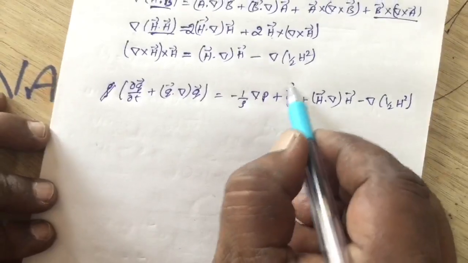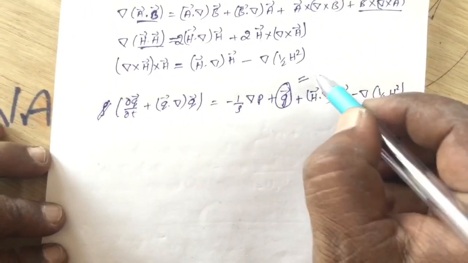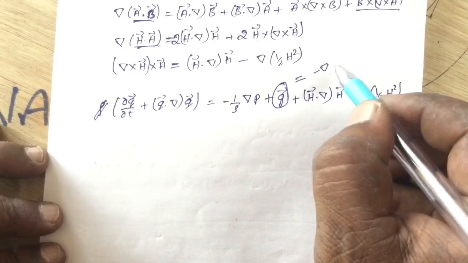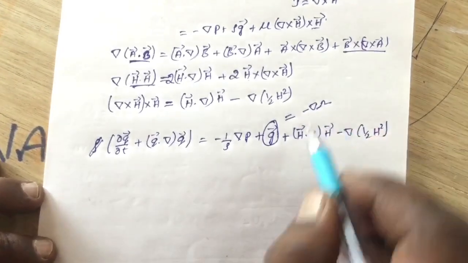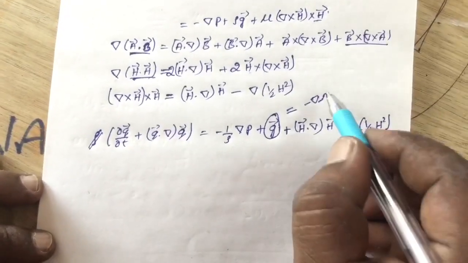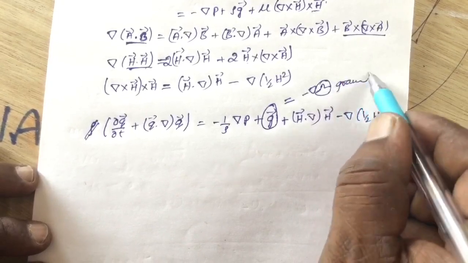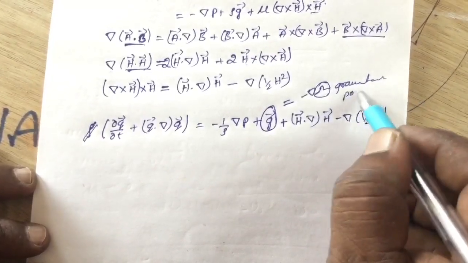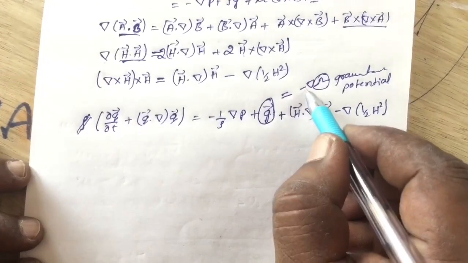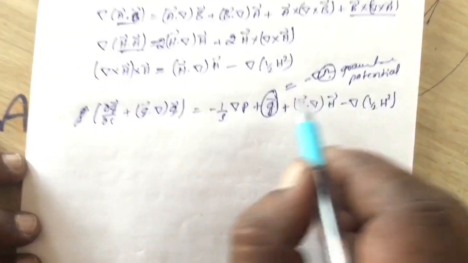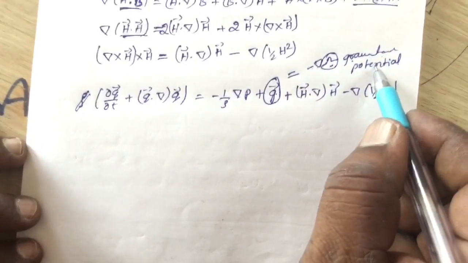The gravitational force is conservative, so you can express g as minus gradient of omega, where omega is the gravitational potential.